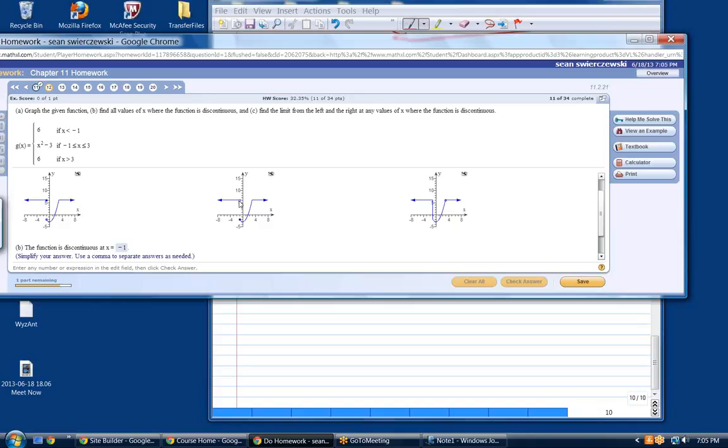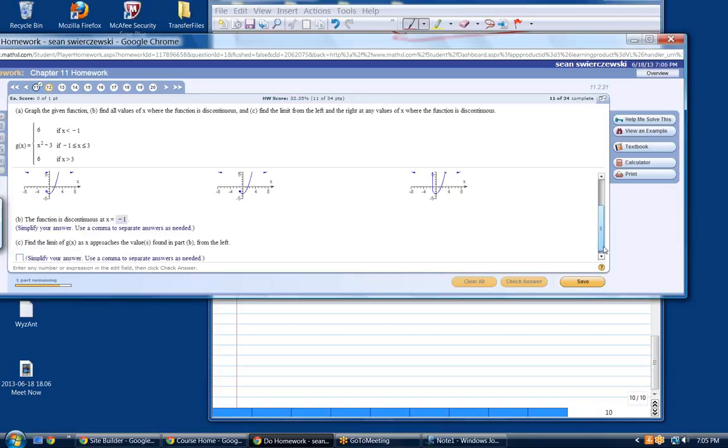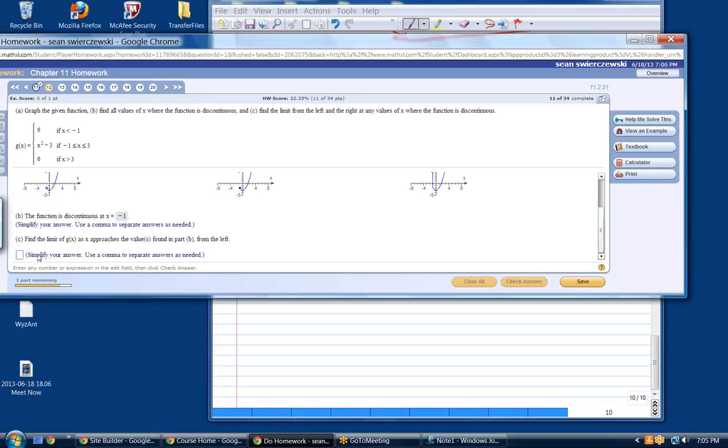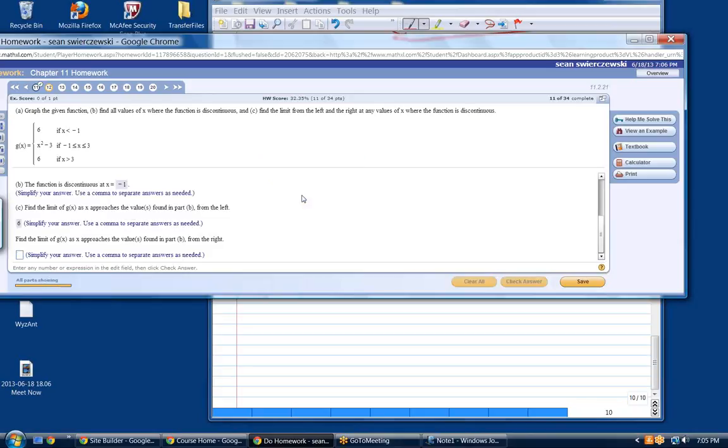Well, everywhere I'm headed is 6. 6, 6, 6, 6. There was only one value we had, wasn't there? From part B, they're just doing that to make sure you knew it.